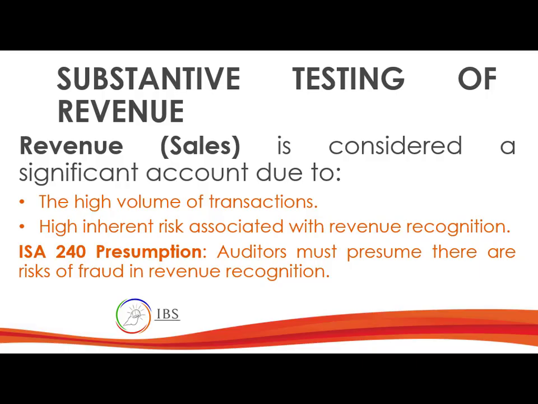Another thing, be aware of any indications of fraud. Sales is one of those accounts that is really tempting to manipulate. Just like what I've said, 28 December to 3rd January, the client can always say the 1st January to 3rd January sales can be recorded on 31st December to boost up the sales. Clear? It's tempting. So that's why as an auditor, you have to be aware.